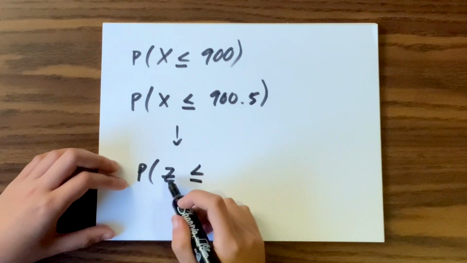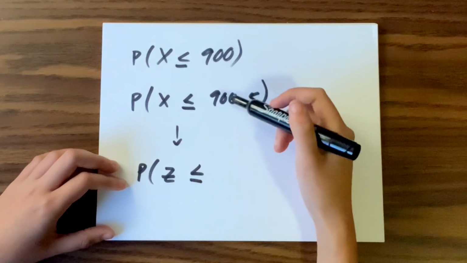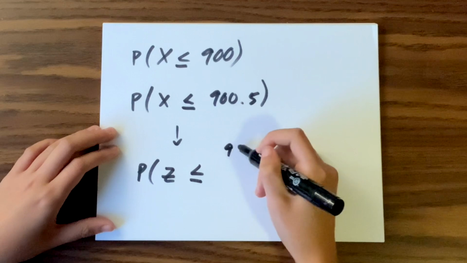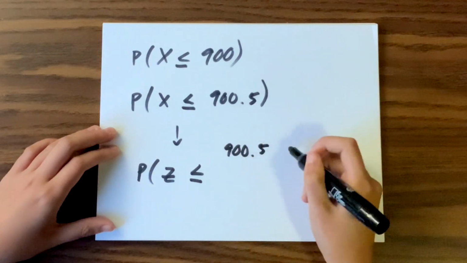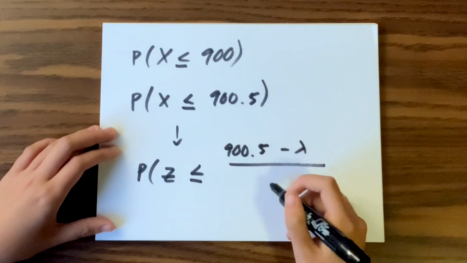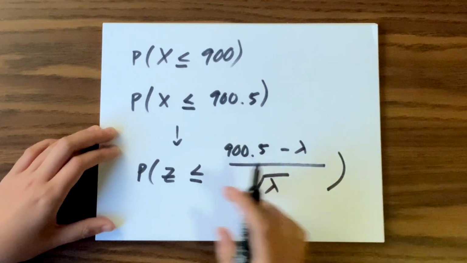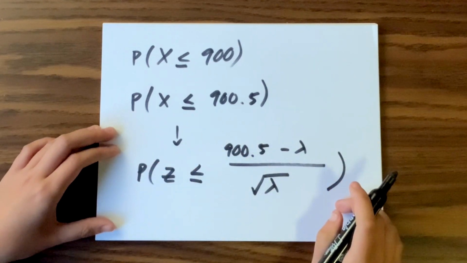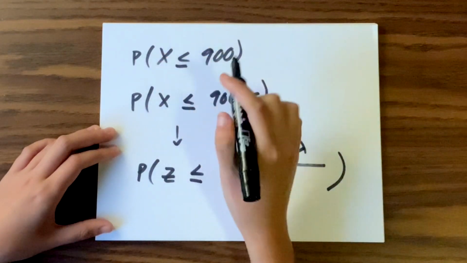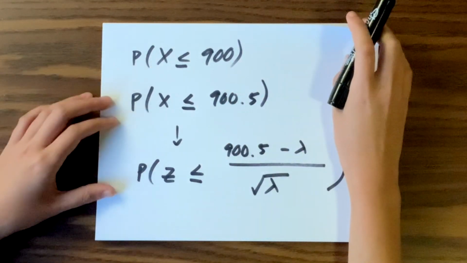So we can say that our value z, when we convert it to standardized, is less than or equal to our Poisson value of z, which will be 900.5 minus our lambda, all over our standard deviation for a Poisson distribution, which is just our lambda square rooted. And whatever this solution is, that'll be your answer for the probability, accounting for normal approximation, that our random variable x is less than or equal to our value 900.